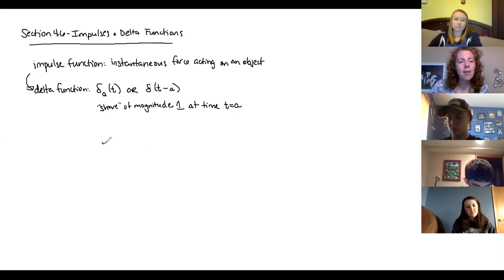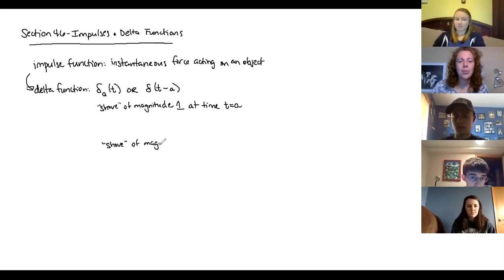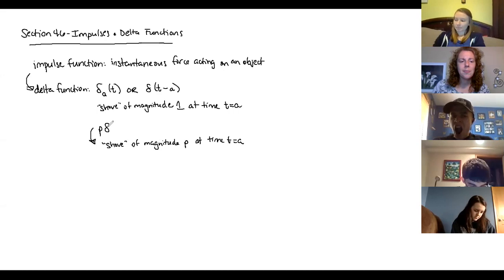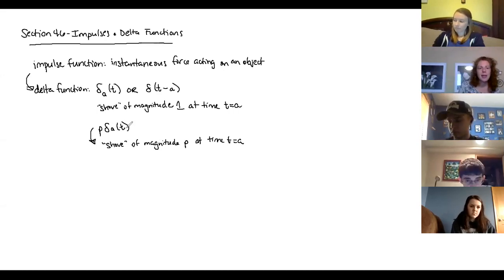I'm doing a mathematical definition in just a sec, but we're talking conceptually first. If we want a shove of magnitude p at time t equals a, then what we need to use is p times delta sub a of t.